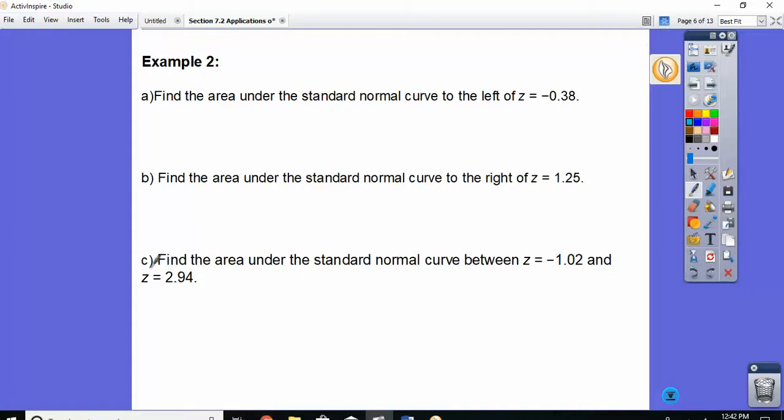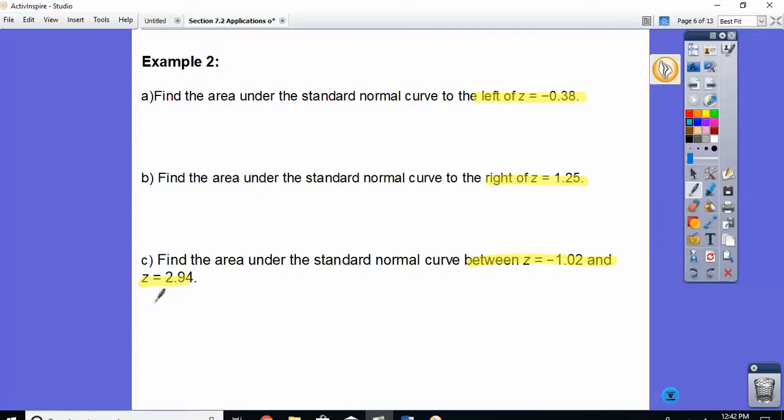So I want the area under the standard normal curve to the left of, so if you're writing this down, I would just do this: left of z equals negative 0.38. I already gave you the z value, so we don't have to do the formula. Go to your table. Negative 0.3, and then you go to 0.08.